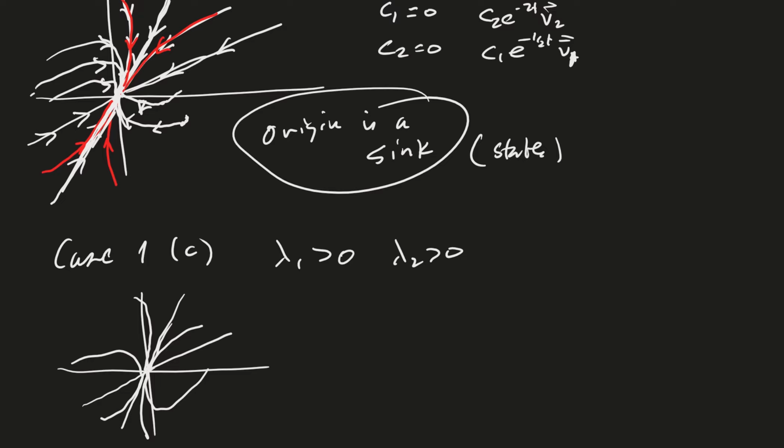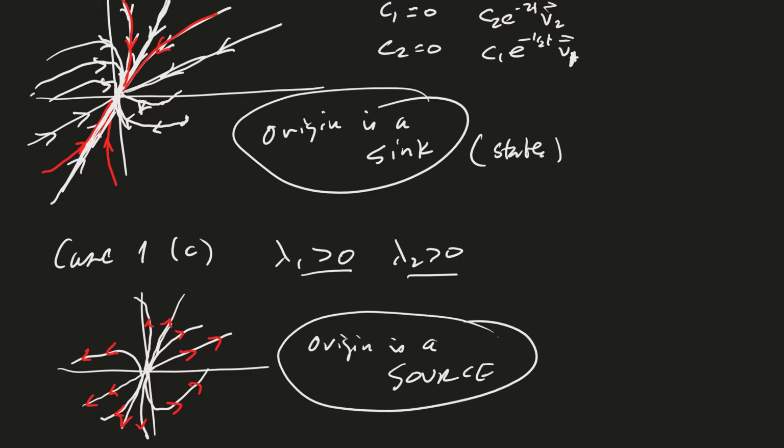Now what happens if the eigenvalues are opposite in sign is that you just reverse all the arrows that you had before. Just reverse all the arrows. Good. And so this is called, the origin is a source. Okay, so a source is where both of your eigenvalues are positive.